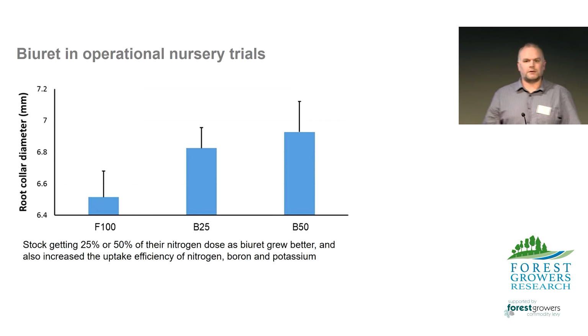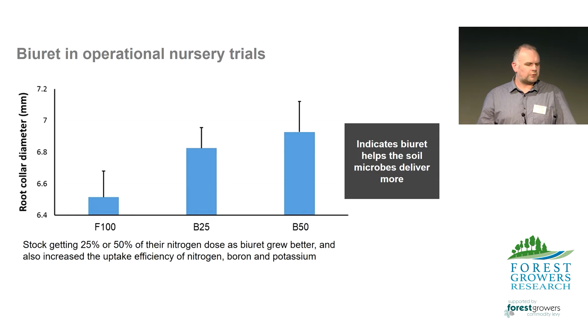Now, not only did the trees getting less nitrogen, but in the form of Biuret, grow faster, we also found that they increased their uptake of nitrogen. So actually they had more nitrogen in them, but they also picked up more boron and they also picked up more potassium. We didn't change those, but what we found was basically the system was working to deliver more to the trees. We were adding less, they were getting more.